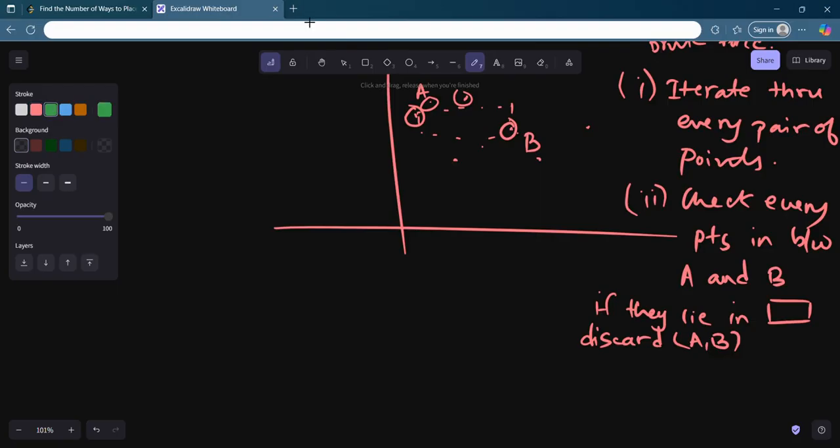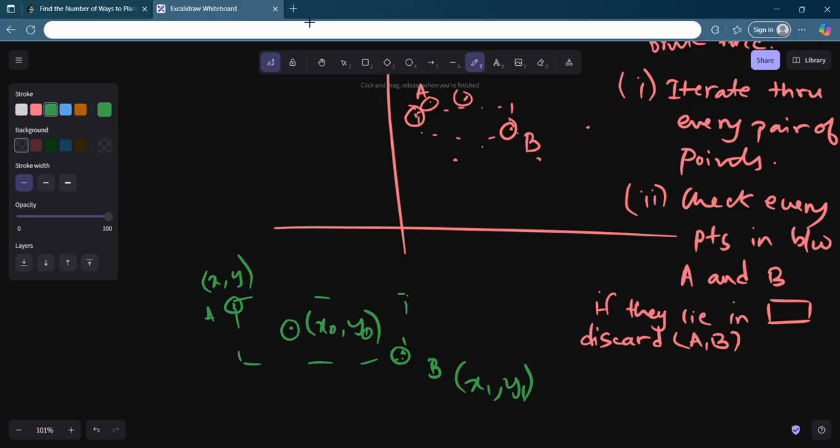Let's say you have this point and this point as A and B, and there is some other point here. To see whether this point lies in the rectangle or not, let's say this is x, y, this is x1, y1, and some x0, y0 lies in between.